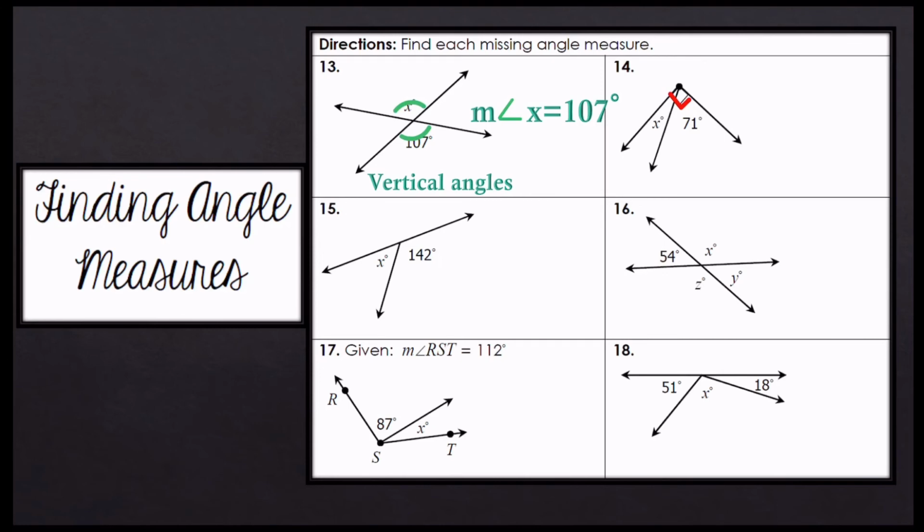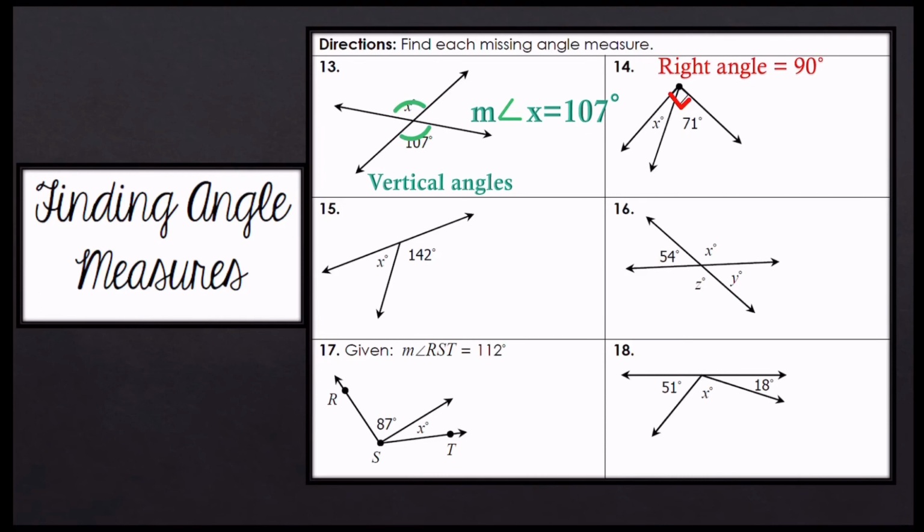So let's go to number 14. Notice that little red kind of L shape. That means those two angles together add up to 90. So I want you to write right now, add up to 90. Okay, so those are complementary angles, meaning they're a right angle, they're complementary.